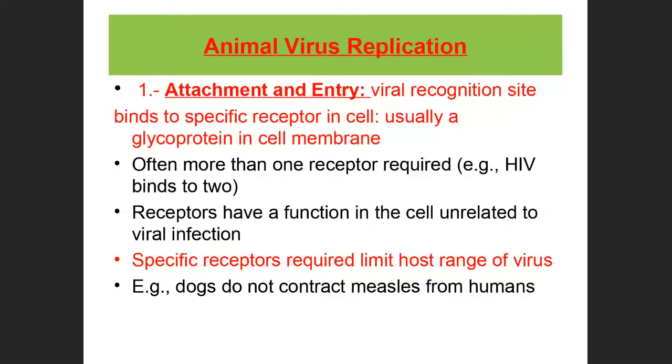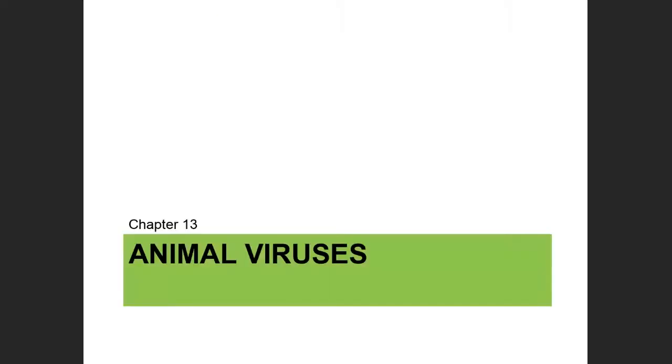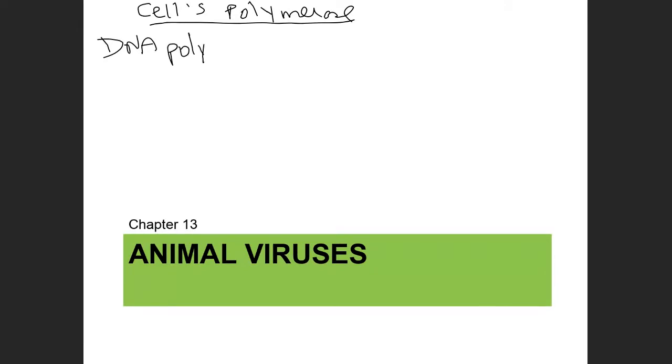Okay, so let's review the polymerases that the cell has. A cell is going to have a DNA polymerase. What a DNA polymerase does is it takes a DNA molecule and copies it, so it's going to replicate DNA.